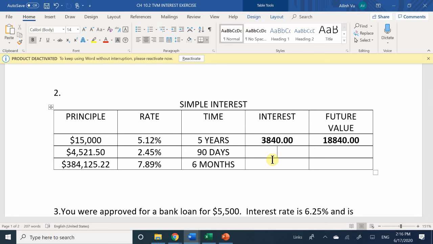So if I have my principal as $4,521.50, my interest rate is 2.45%, and I have 90 days. $9,969. No, that is not right.